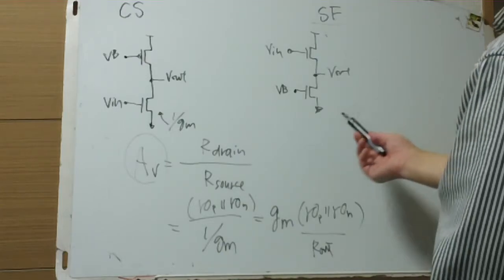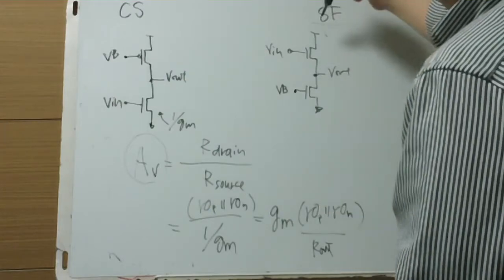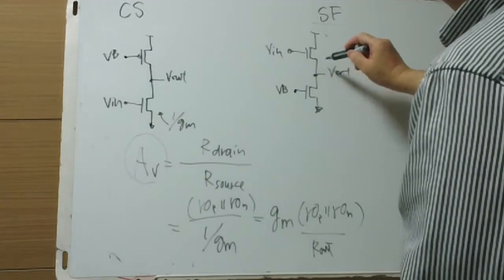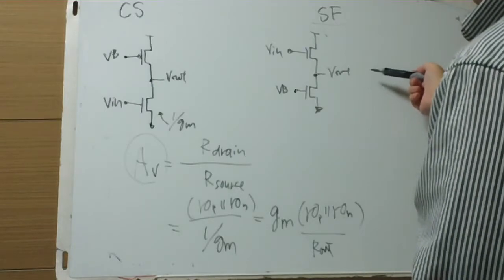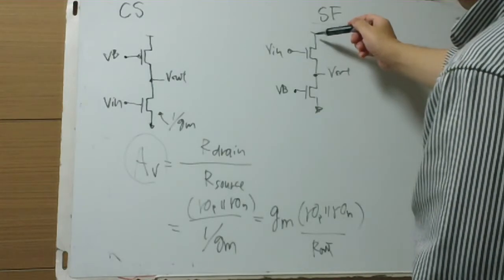But the resistance looking into the source is this, and the resistance looking into the output drain is this or this.